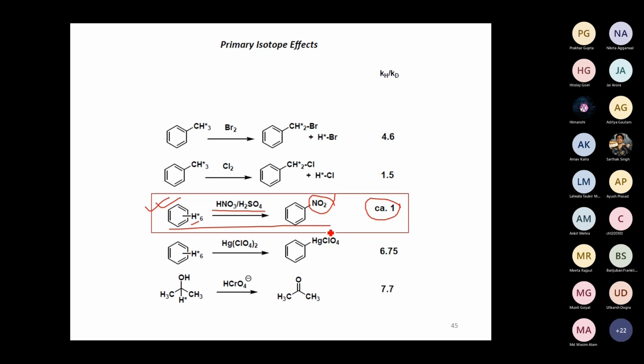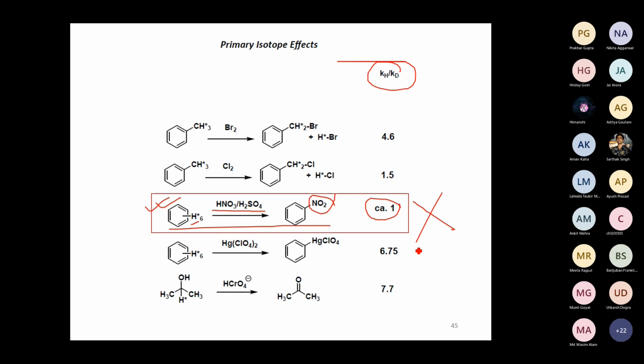Maybe we will discuss it in the next slide, but you think, or maybe you practice, what might be the possible mechanism. Whatever you may have thought before, since C-H is converting to C-NO2, there is a high chance the C-H or C-D bond is broken in the rate determining step. But your experimental value is telling us no, we are wrong.